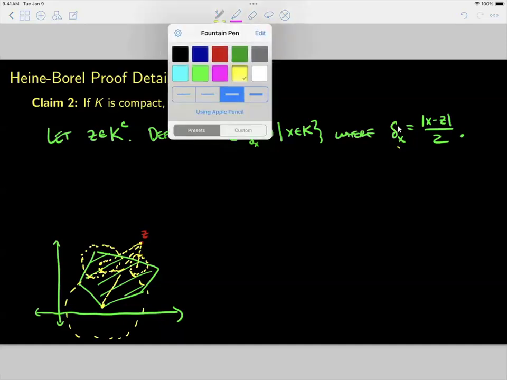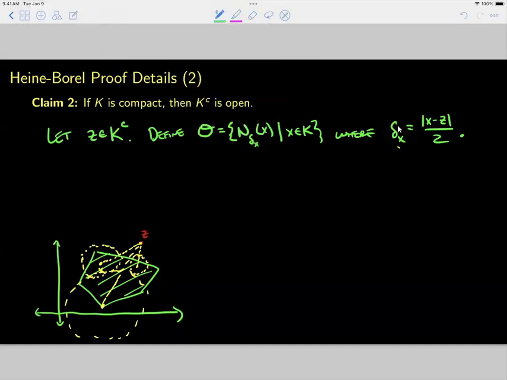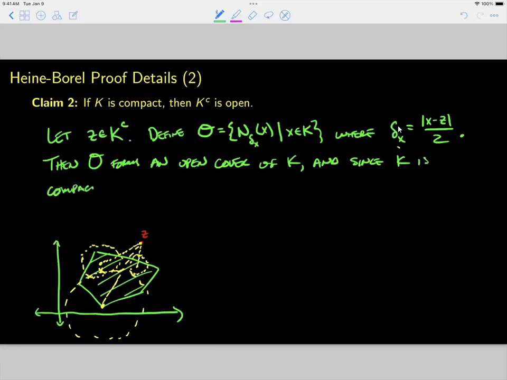Clearly, O forms an open cover of K. And since K is compact, it has a finite subcover.